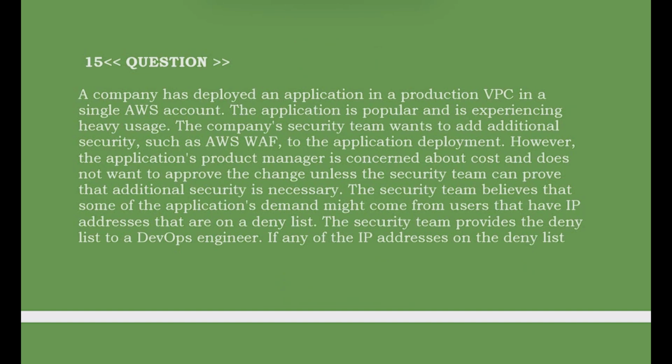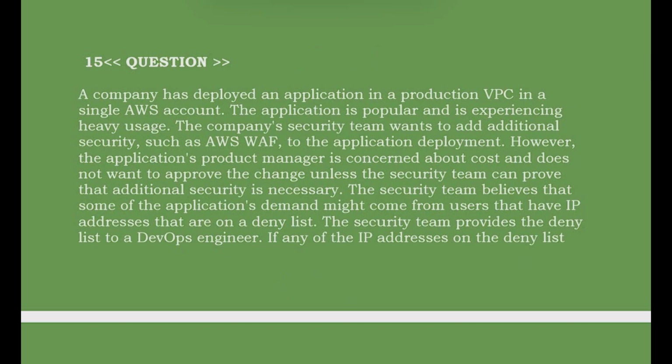Question is, a company has deployed an application in a production VPC in a single AWS account. The application is popular and is experiencing heavy use. The company's security team wants to add additional security such as AWS WAF to the application deployment.